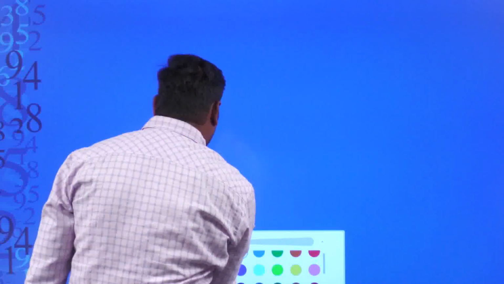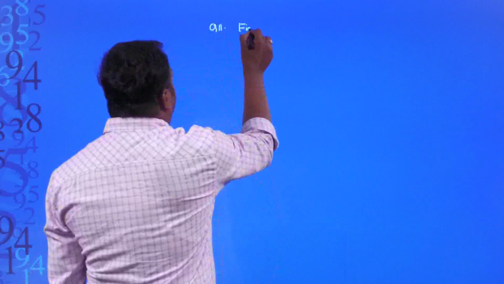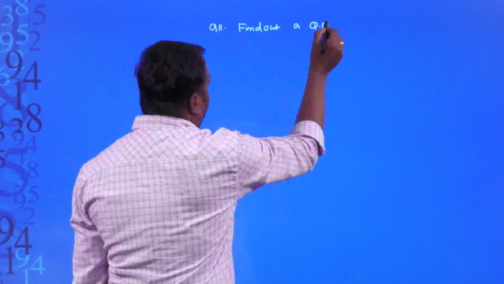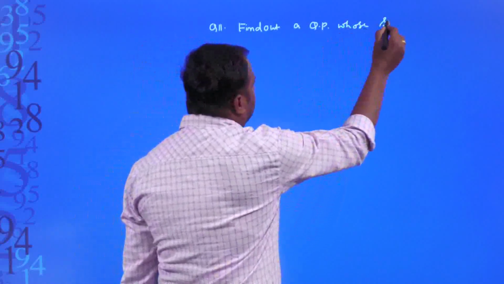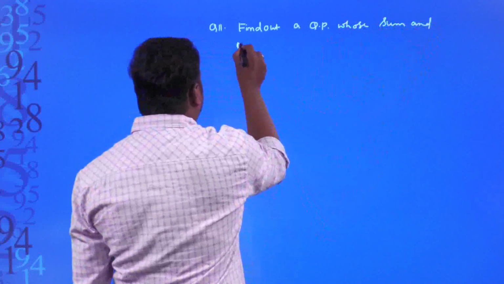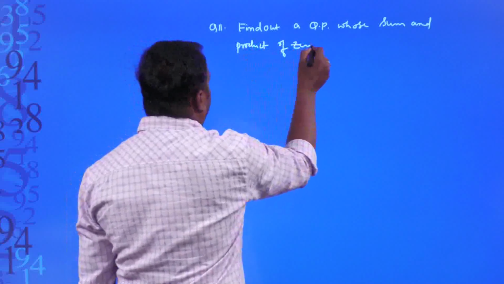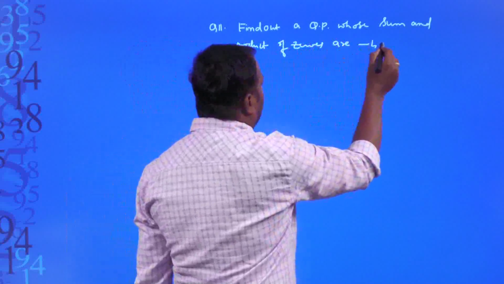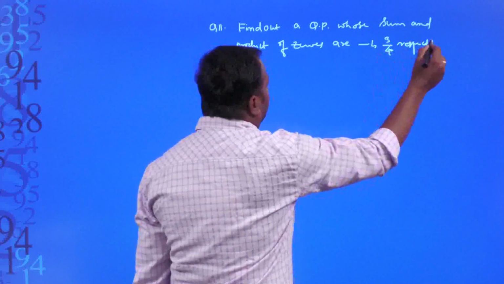That is, find out a quadratic polynomial whose sum and product of zeros are minus 1 comma 3 divided by 4 respectively.